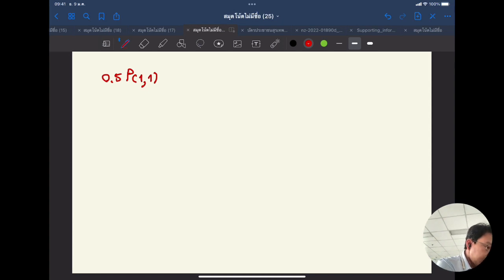And then we also need grinding to produce product 2, 0.7, right? So we multiply 0.7 by the amount of product 2 produced in January.